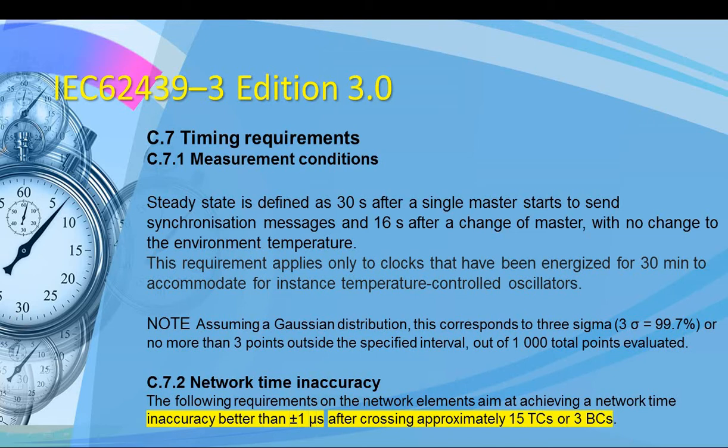This means the inaccuracy cannot be worse than plus or minus 1 microsecond if you have a maximum of 15 transparent clocks or 3 boundary clocks.